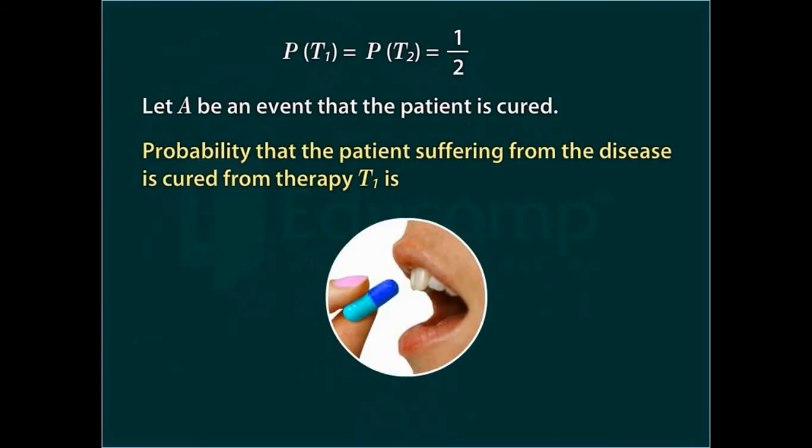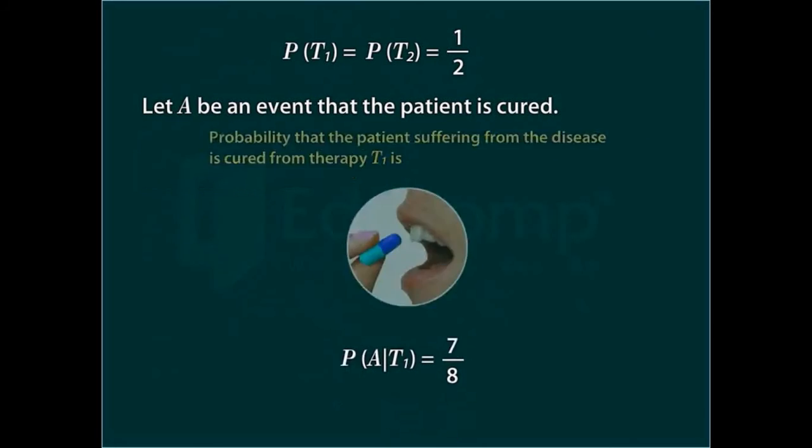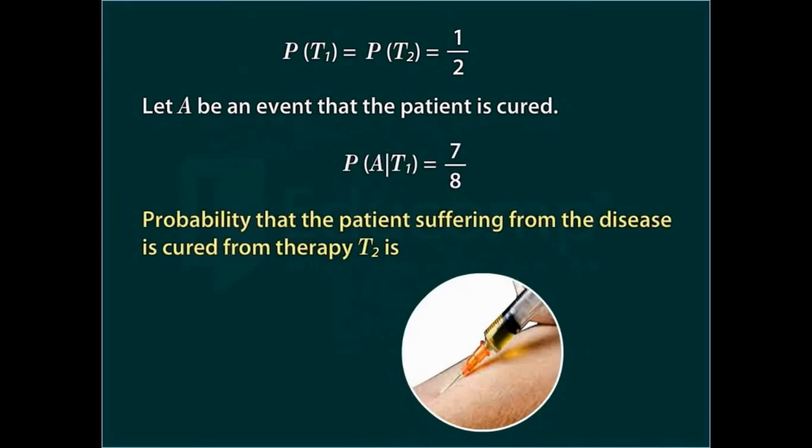Probability that the patient is cured from therapy T1 is P of A, given that T1 has occurred, equals 7/8. Probability that the patient is cured from therapy T2 is P of A, given that T2 has occurred, equals 9/10.